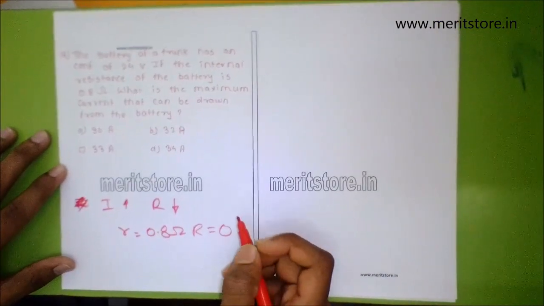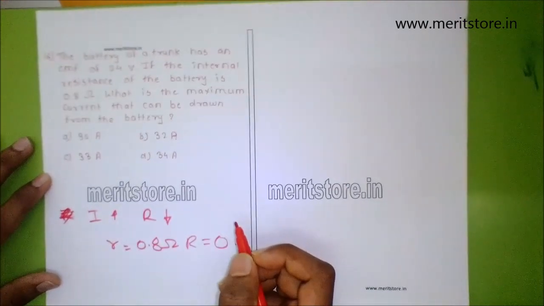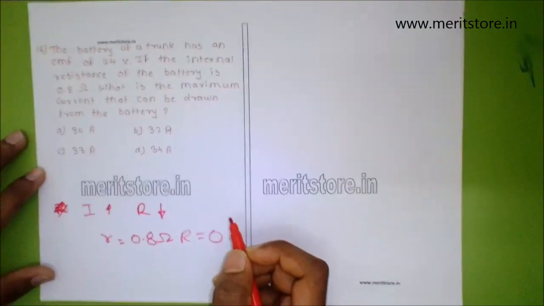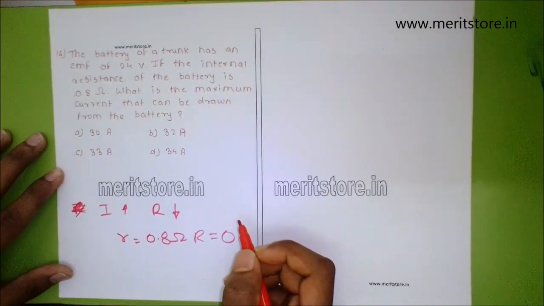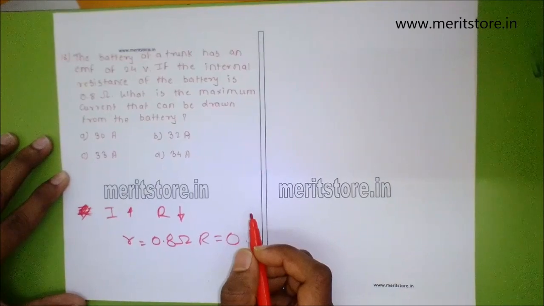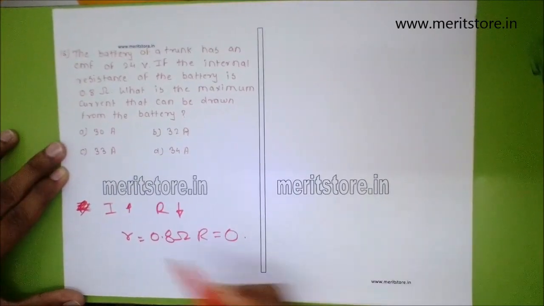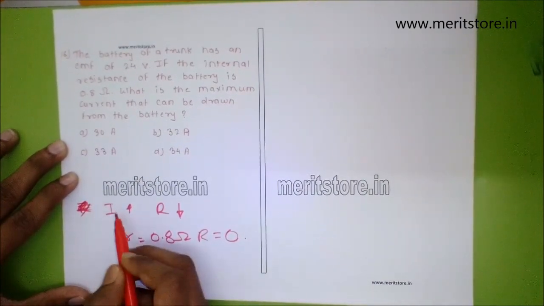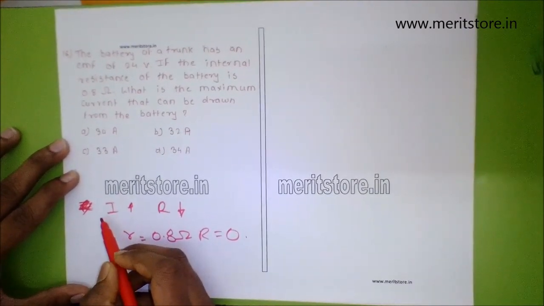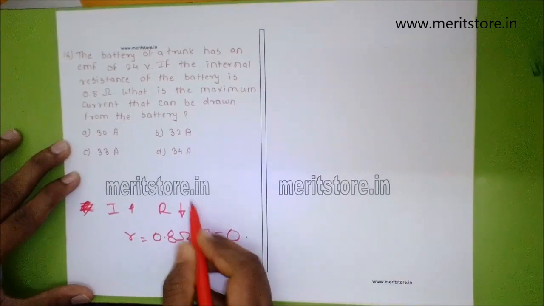The battery of a truck has an EMF of 24 volts. If the internal resistance of the battery is 0.8 ohms, what is the maximum current that can be drawn from the battery? We got 4 options: 30 amperes, 32 amperes, 33 amperes and 34 amperes. The thing we need to note is that since the maximum amount of current is to be drawn from the battery, the external resistance should be minimum.